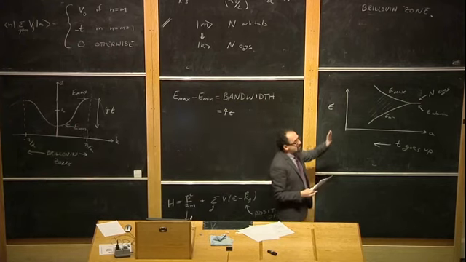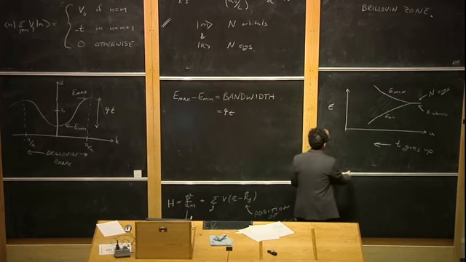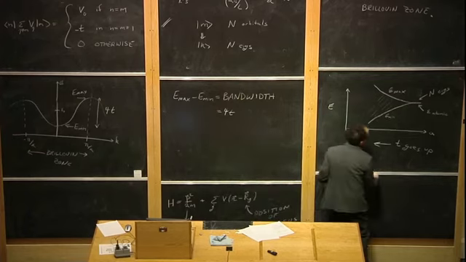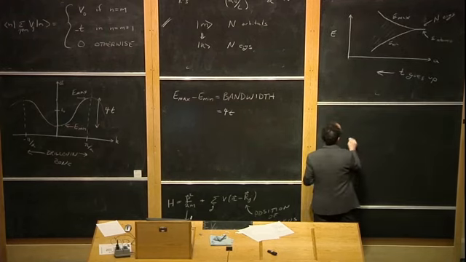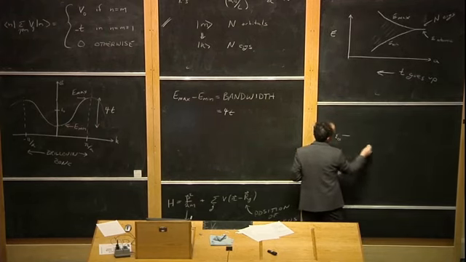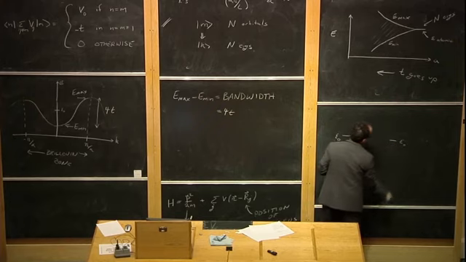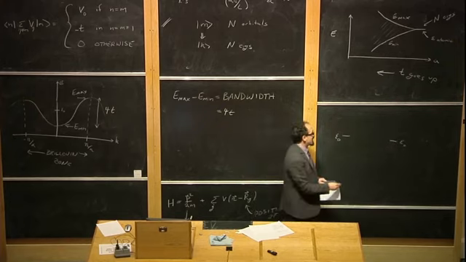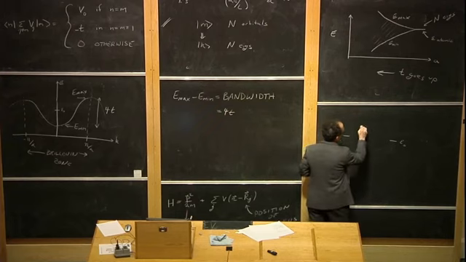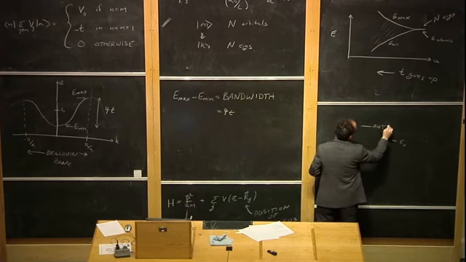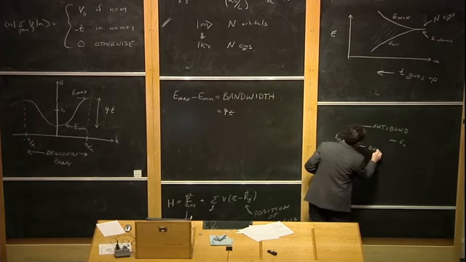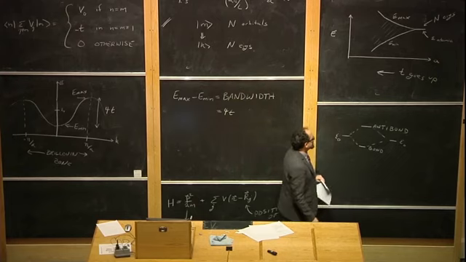Now this should actually look a little bit familiar from when we studied the covalent bond. When we studied the covalent bond, we had two atoms. When the electron sat on one nucleus, its energy was E naught, and when it sat on the other nucleus, its energy was E naught. Then we brought them together, and we got an antibonding orbital and a bonding orbital down here, one higher and one lower than the original energies.